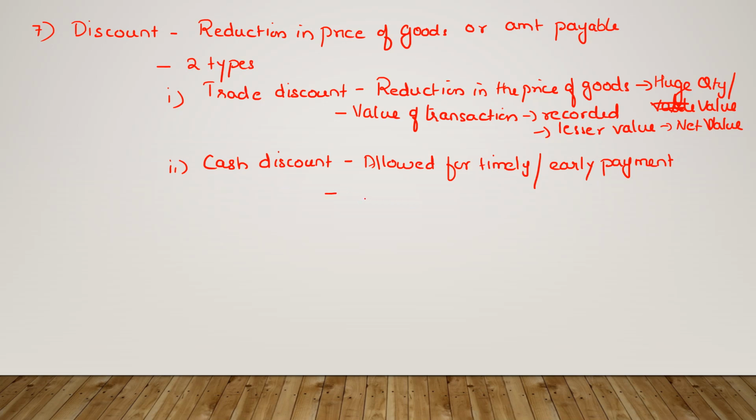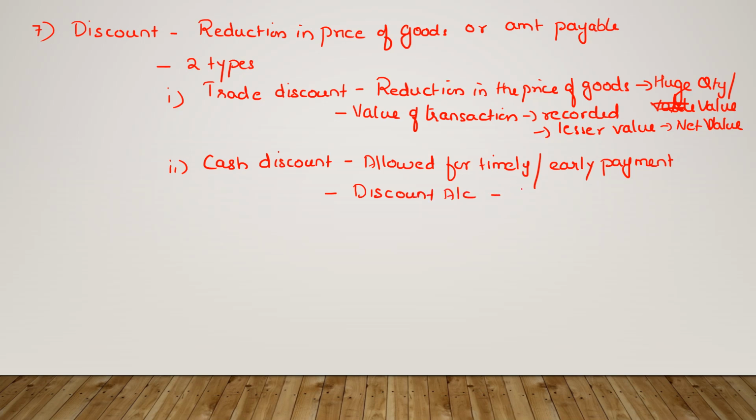So what happens is, out of the transaction of 1,27,000 which has been recorded, now 2,000 rupees is going to be received less. The transaction was recorded at 1,27,000, but the amount going to be received is just 1,25,000. Therefore, that 2,000 difference would be put into the discount account.